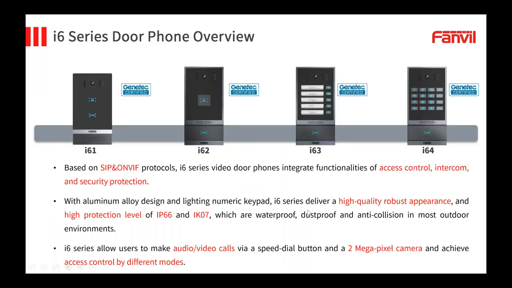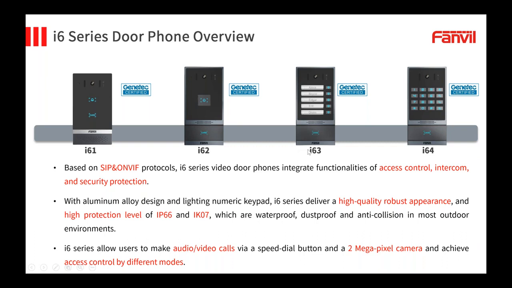And for this part, let's get more details about the Fanvil i6 series door phones. These models are all based on SIP protocols and support VoIP. All of them have a high protection grade. They are very suitable for outdoor scenes or harsh environments.